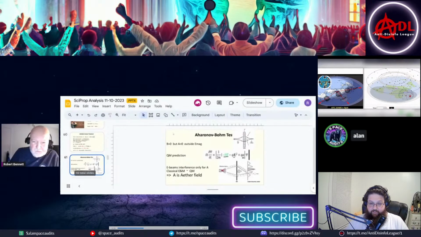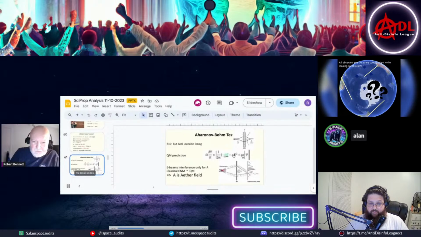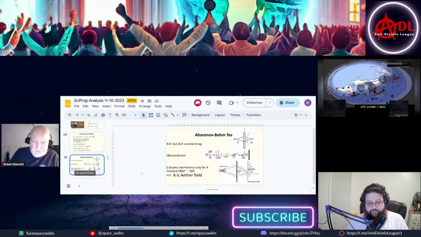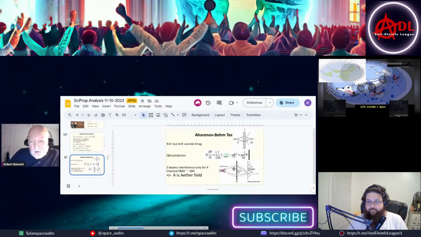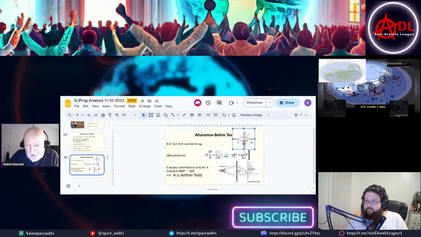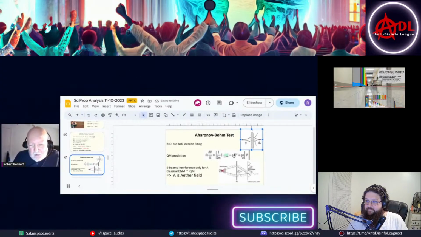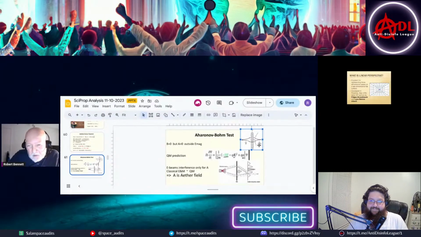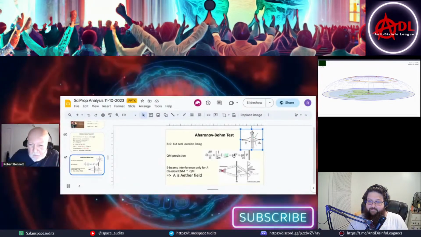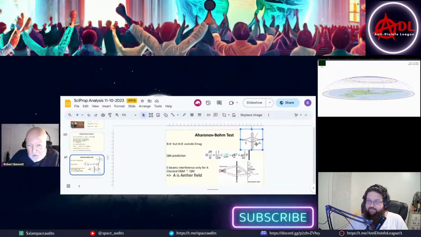Nice. So here we go. We're going to analyze this and see if we can figure out what the vector thing comes from. Now, there's an experiment that recently was done which connects electromagnetism with quantum mechanics. It's called the Aharonov-Bohm test. If you have a solenoid, an electromagnet, it produces a strong magnetic field inside and almost zero outside.